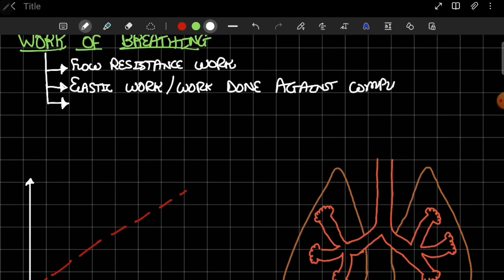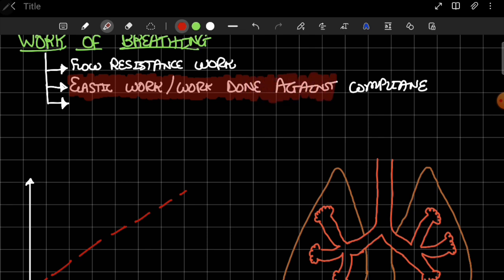This is important. This is the point where I got confused in learning elasticity and compliance. This work done against compliance is not compliance work, it is elastic work, or work done against the compliance. And the third is tissue resistance.